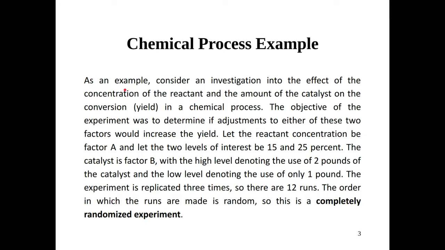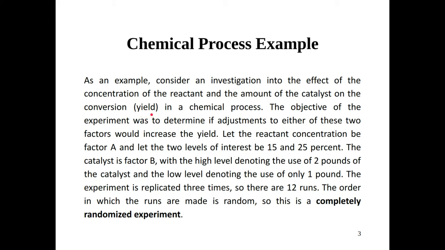As an example, consider an investigation into the effect of concentration of the reactant and the amount of catalyst on the conversion yield in a chemical process. Your response variable is the yield of the process, and higher the yield, better it is, right?